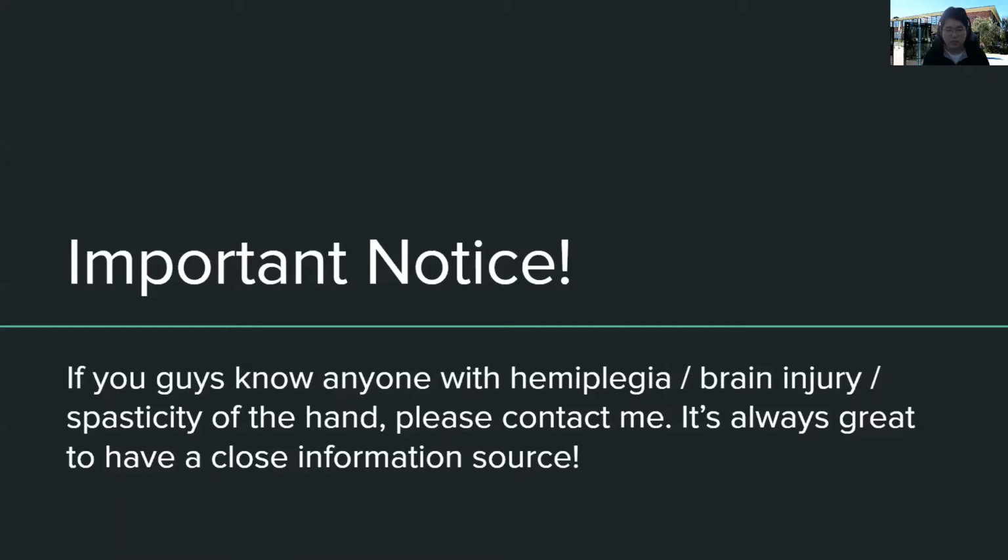I'm just saying, if your grandpa or grandma has hemiplegia, they could give us a lot of information about what type of difficulty they face and what could actually help them. It's just a great source of information. If you do know someone, please let me know, but if you don't, it's perfectly fine too. It's just food for thought.